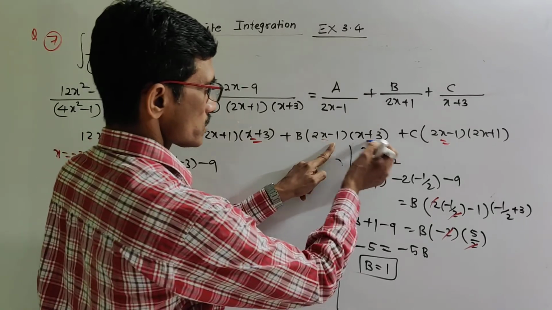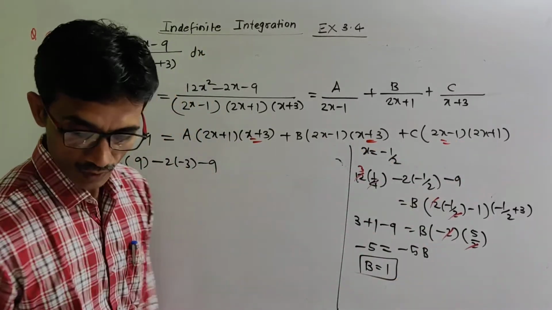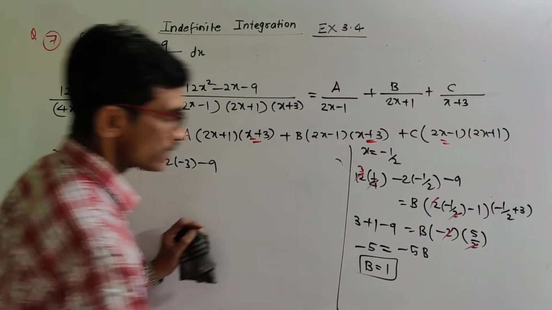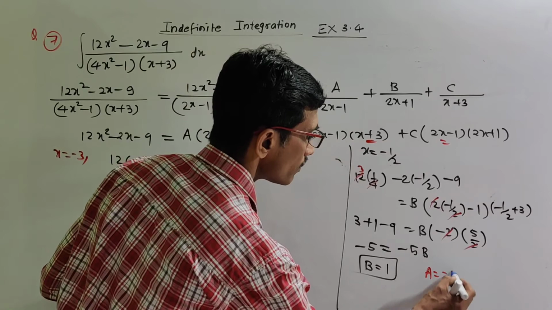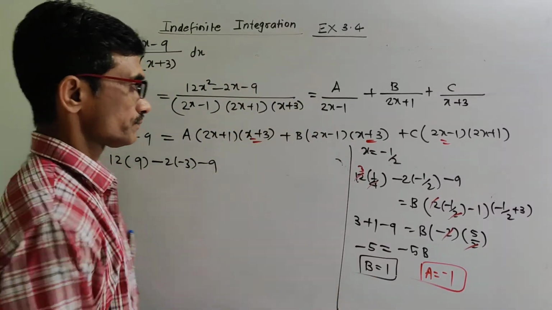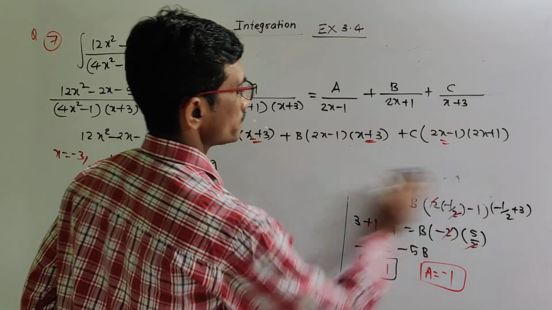The c part you will have to write. Yes, we are getting a is equal to -1, b is equal to +1 and now we will try to find c.